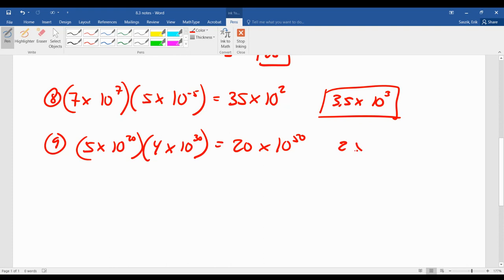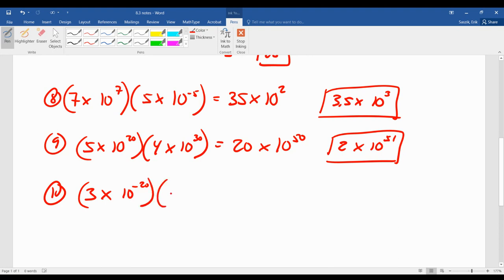We have to change this to 2.0, but I just write 2. Invisible decimals here, that says go 50 times to the right. We moved it the wrong direction, so I'm farther away.